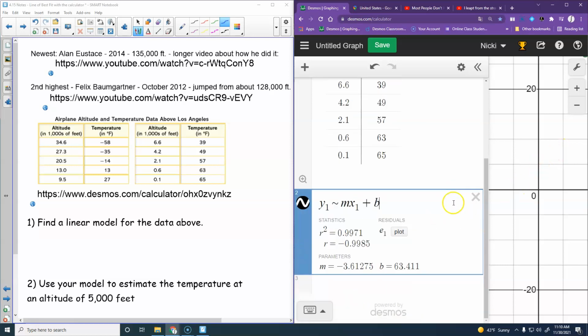Okay, so I'm getting y equals the slope, which is our m, is negative 3.613. And then my b is 63.411.